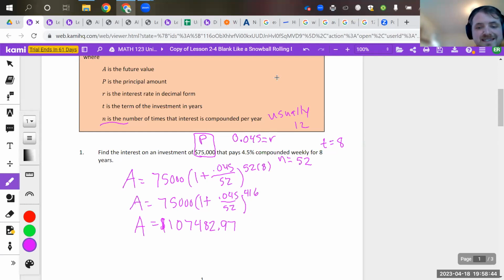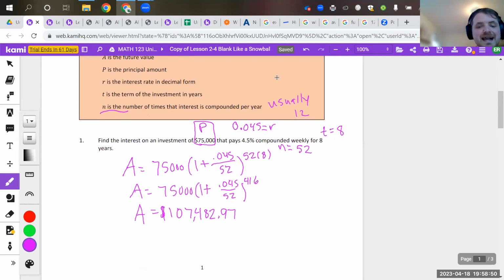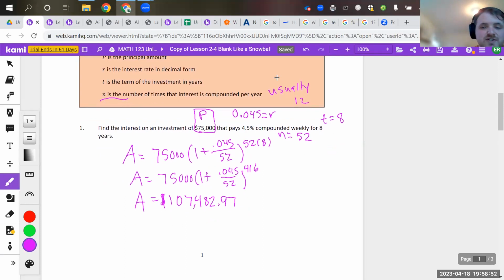So the interest on the investment, the future value is that. A lot of times people will just jump in and say that that's what the answer is. But the actual interest is different. You have to figure out that the interest is going to be that future value minus the original.